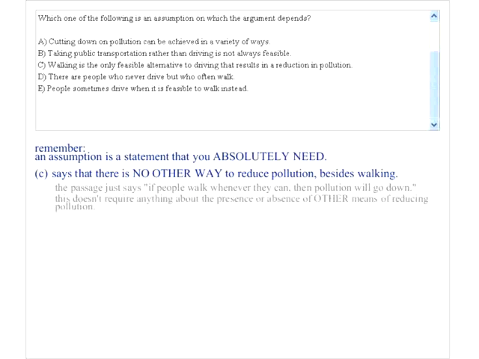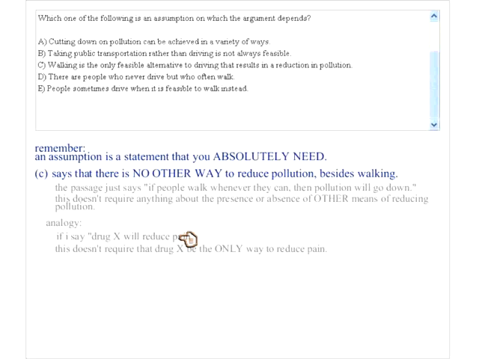As an analogy, if I say drug X will reduce pain, this certainly doesn't require that drug X be the only way to reduce pain. Okay, if I just say the drug will make your pain go down, there could certainly be other ways of making your pain go down, but that's irrelevant to this argument.